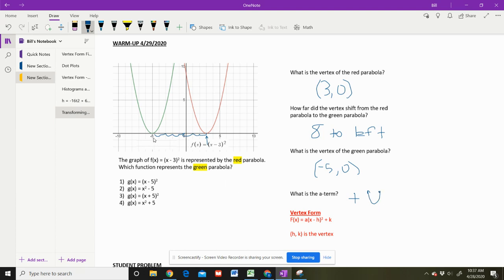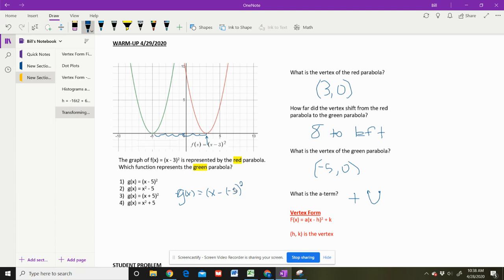So if I use my vertex form, I go, okay, f of x, or in this case, g of x, is equal to, and we go x minus, now I need to get the x coordinate from my green parabola. So it's a negative 5, so I'm going to put that in parentheses, negative 5, squared.